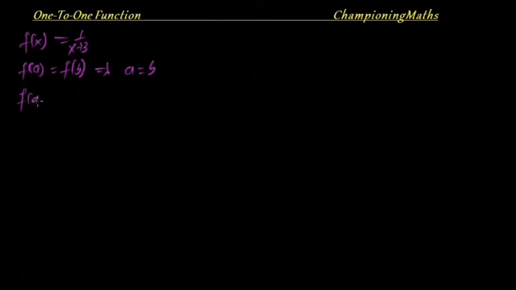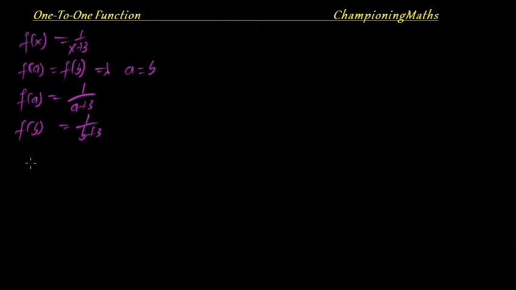For f of a, we'll be having 1 over a plus 3, and then for f of b, we'll be having 1 over b plus 3. Now for f of a, wherever we see x, we replace it with a, and for f of b, wherever we see x, we replace it with b.